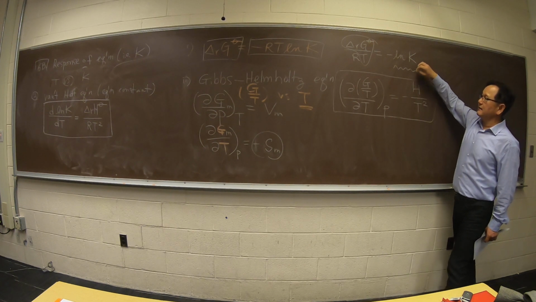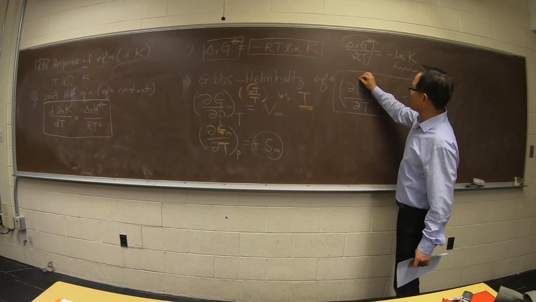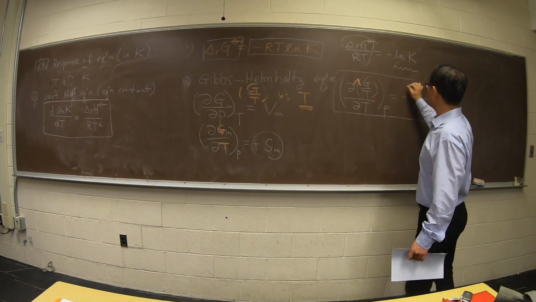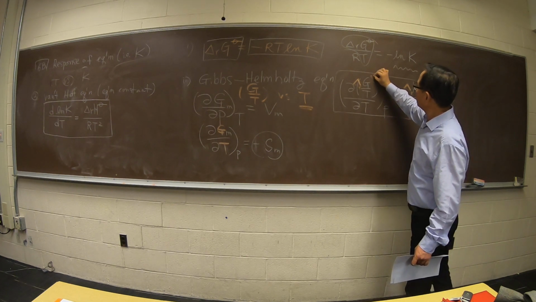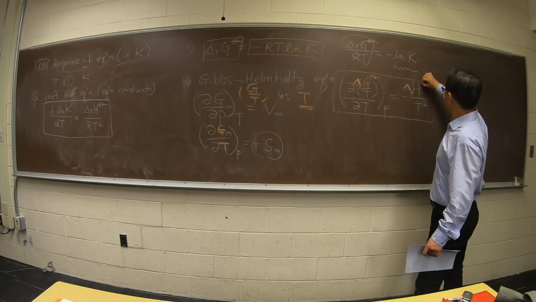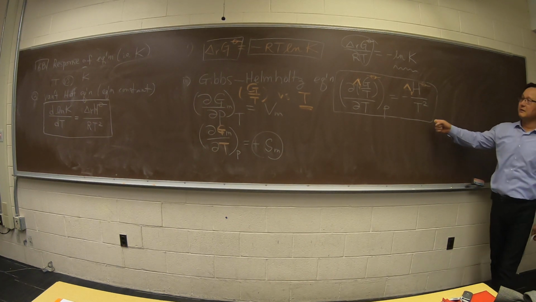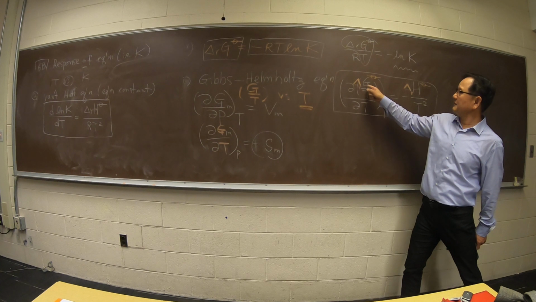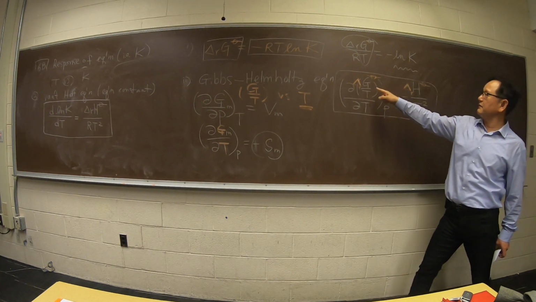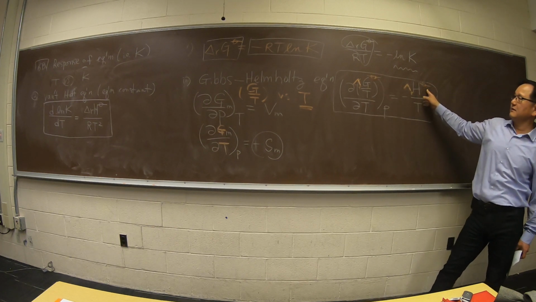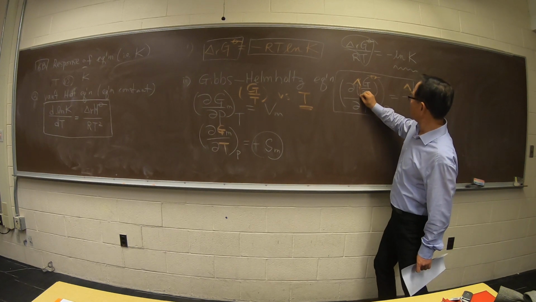We have this equation here, so all I need to do is make some changes. Let's put a delta here for reaction. That's all I did, changing the Gibbs-Helmholtz equation from G versus H to delta G versus delta H for the reaction under standard conditions. And I need to put R there.